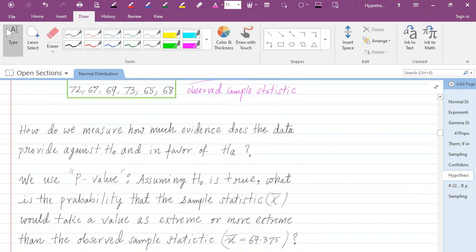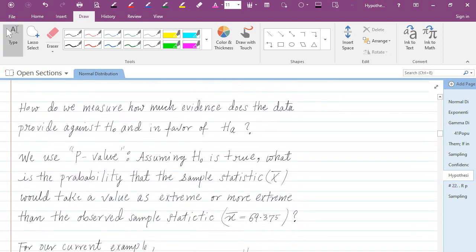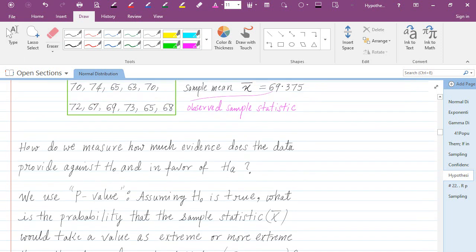So now we need to measure how much evidence the data provides against the null hypothesis and in favor of the alternative hypothesis. How do we measure evidence for or against the null hypothesis? Well, we're going to use what is called the p-value.